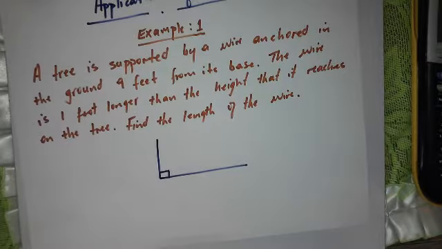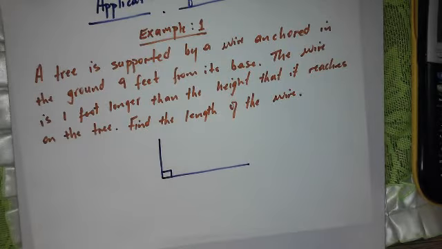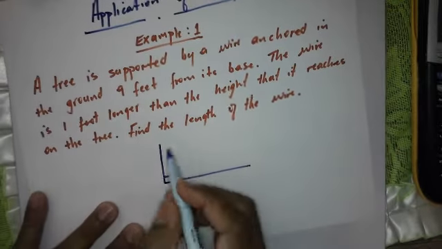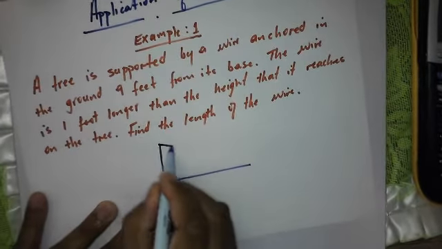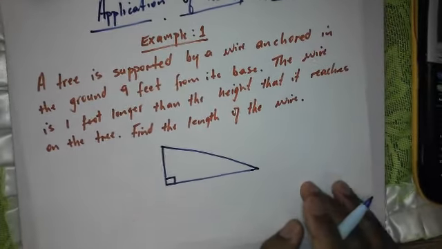Or if a ladder is leaning against a wall, or against a tree, or against something, the length of the ladder will represent the hypotenuse of the right triangle. Or if it is a ramp to go into a building, the slope of the ramp will always be the hypotenuse of your right triangle. Okay? So here's your wire. Alright? So this is your diagram.